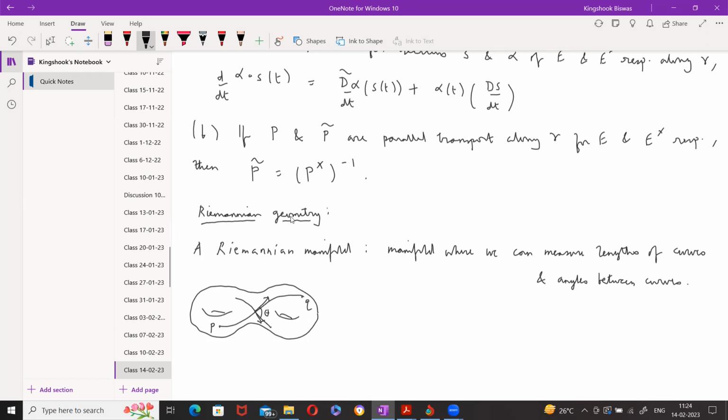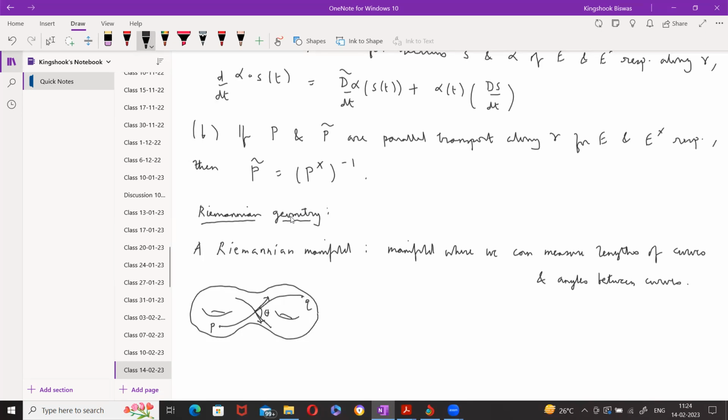So in Euclidean space, how do we measure lengths of curves? You integrate the norm of the tangent vector, right? You integrate the norm of gamma prime t dt. So this suggests that on a Riemannian manifold, we should have a way to measure norms of tangent vectors.